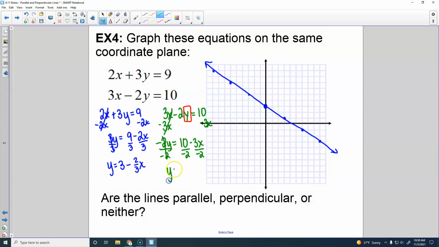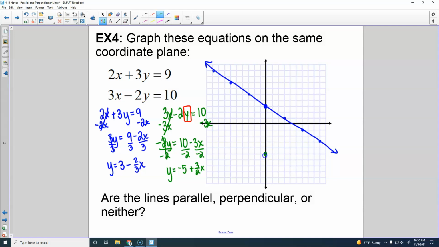And so y equals 10 divided by -2, which is -5. Here, 3 and 2 won't divide, but I do have negative over negative, which is going to be positive. Okay. So, Allison, what's the y-intercept of that line? -5.